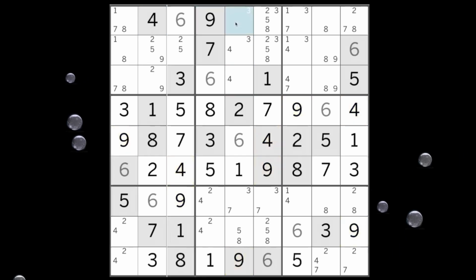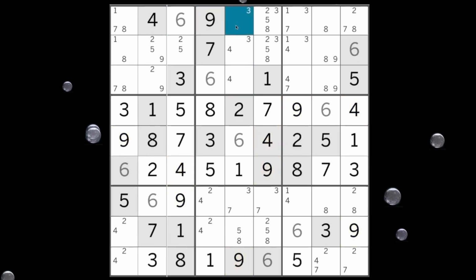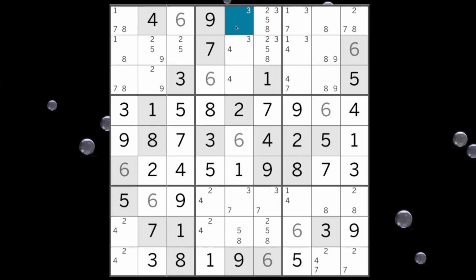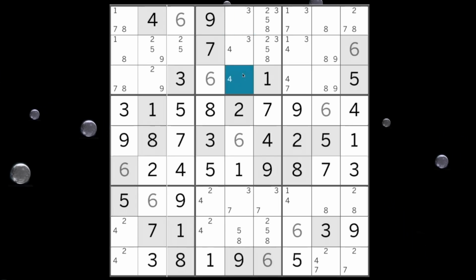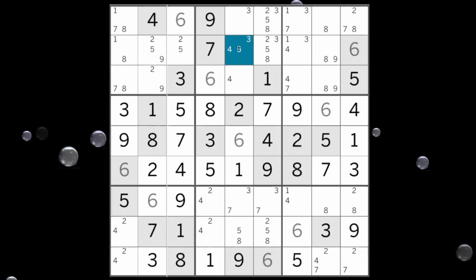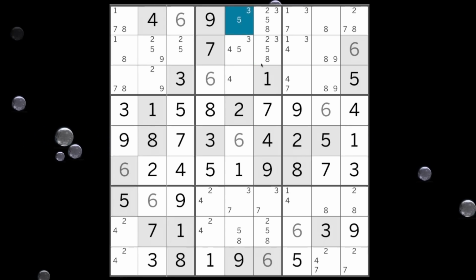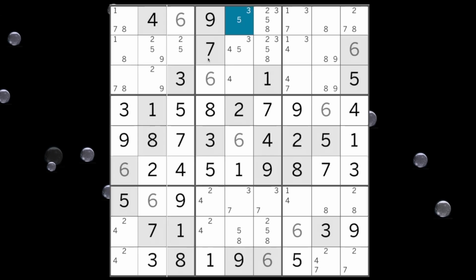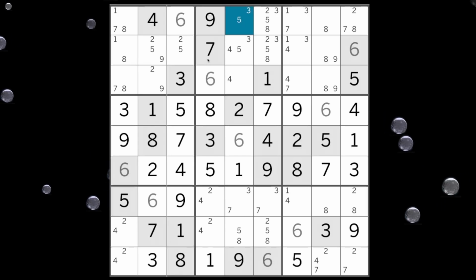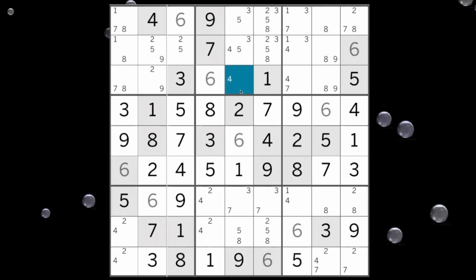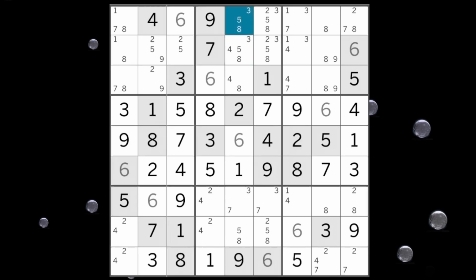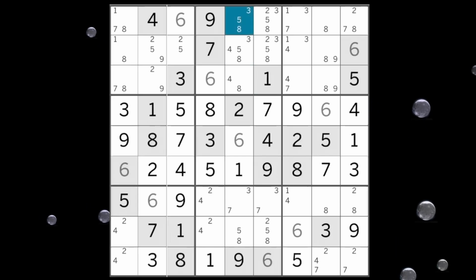Column can't be in the top of that because of that. 5 just cannot be there. It can be in any of these other 4. Already have a 6 and a 7. The 8 can be anywhere.